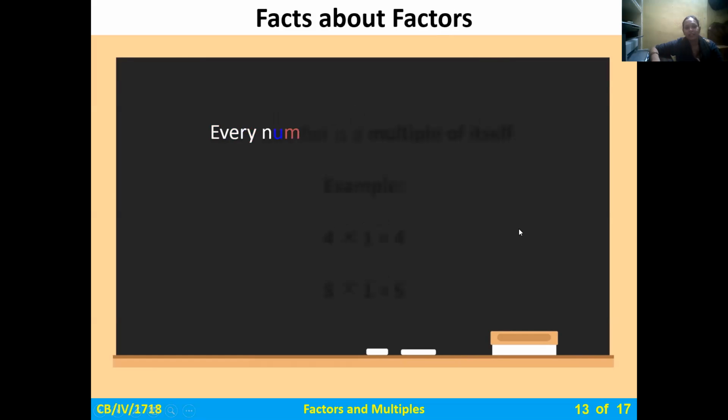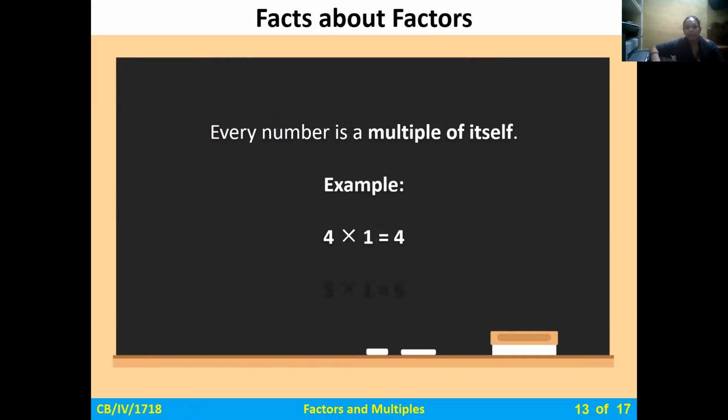Next fact is every number is a multiple of itself. For example, when you multiply any number by 1, you get the number itself as a multiple of that number. When you multiply 4 by 1, you get 4 as a multiple of 4.